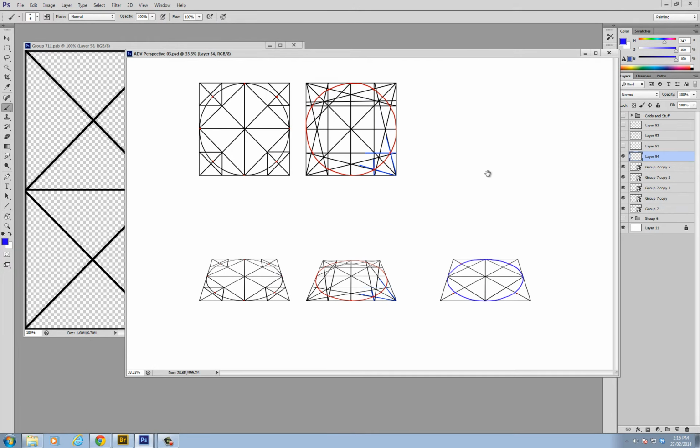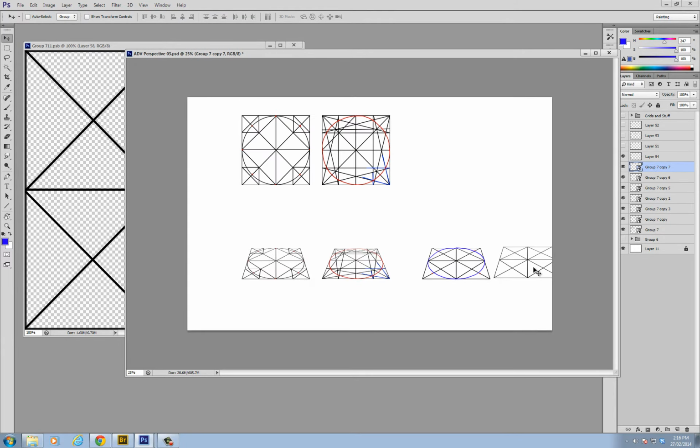And that is simply, we have our square, or maybe let's do this, get another one. So you've got your square. It doesn't have to have anything in it.